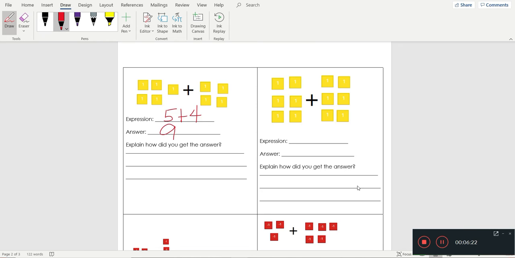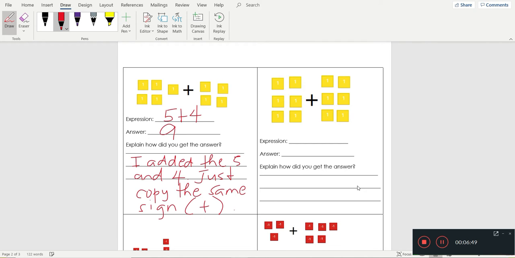So you will say, I added the 5 and 4. I didn't use a zero pair, so just copy the same sign, which is positive, right?